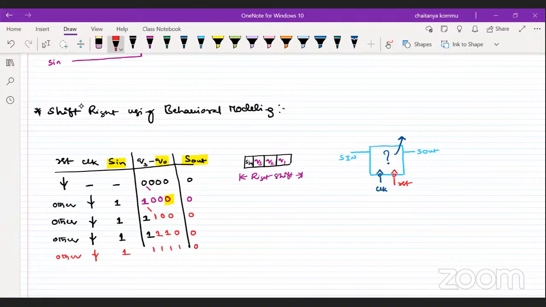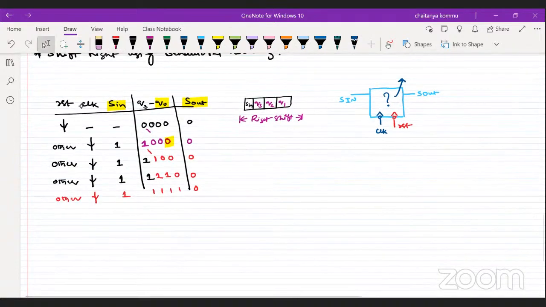That is 0. Here also 0. If you want to see the content of all the flip-flops, how many clock pulses are required? 1, 2, 3, 4. Since it's a 4-bit register, 4 clock pulses are required to completely take the information out of the flip-flops.